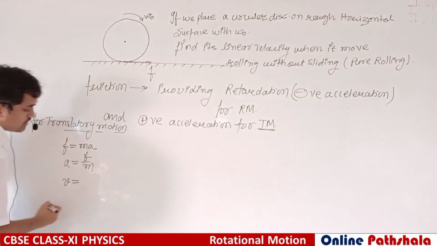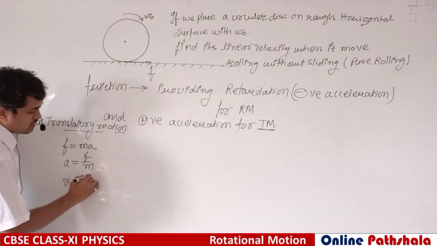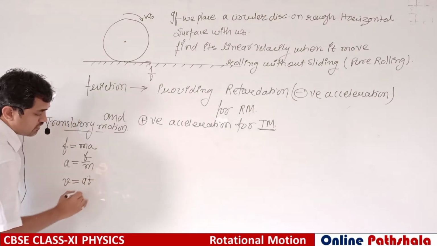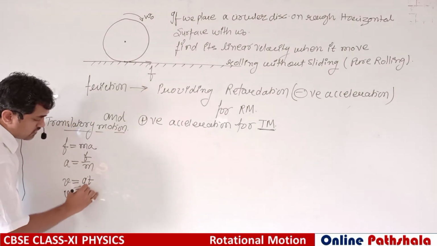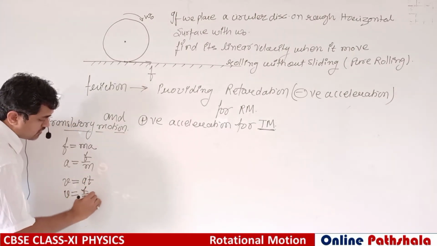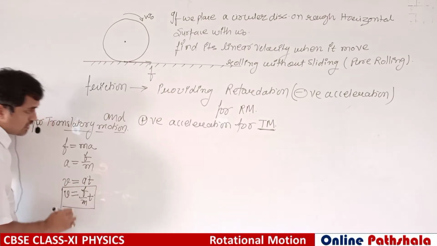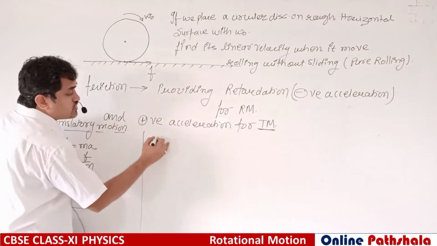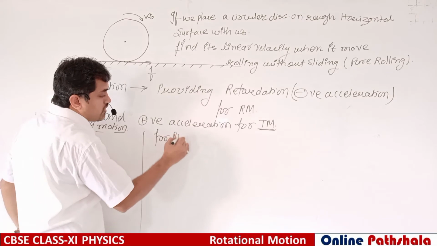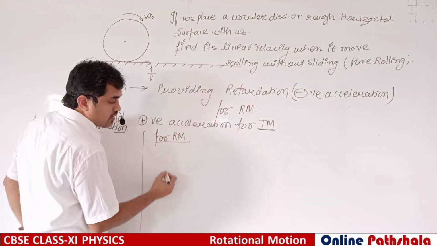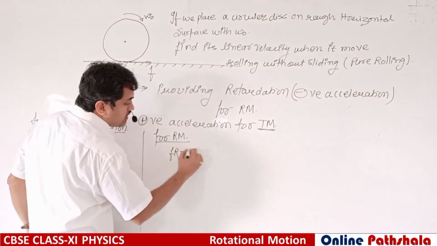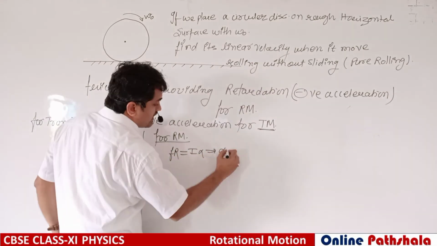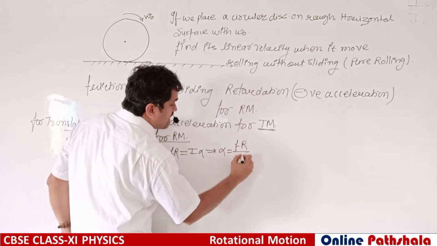V is equal to a t, because initial velocity is equal to 0, so V is equal to F by m into t. And for rotational motion, F into R, torque, is equal to I into alpha, so alpha is equal to F into R divided by I.